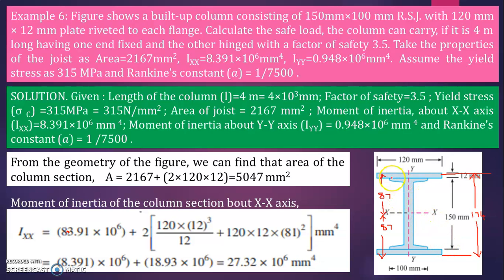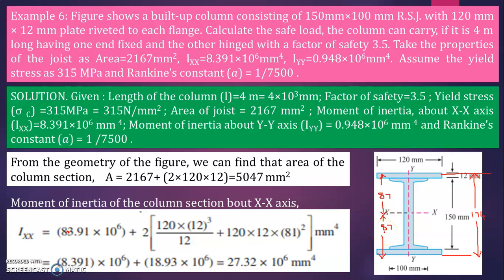But here you can see that this is a symmetrical section, so the total depth is 12 plus 150 plus 12, so total it becomes 174 mm. Neutral axis lies exactly at the center. This is given already in the problem. So 174 divided by 2 is equal to 87, here also 87, here also 87.